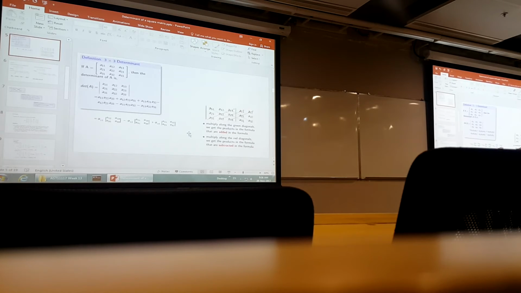Follow this definition to calculate the determinant of a square matrix. It doesn't matter which row or which column. Just use one row or one column, then we can calculate the determinant of a matrix.